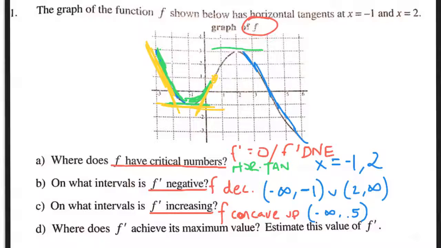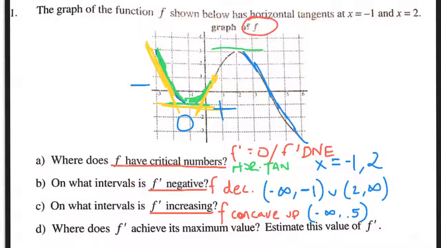So the slopes of our tangent lines were increasing, because you had a negative, a 0, and a positive.